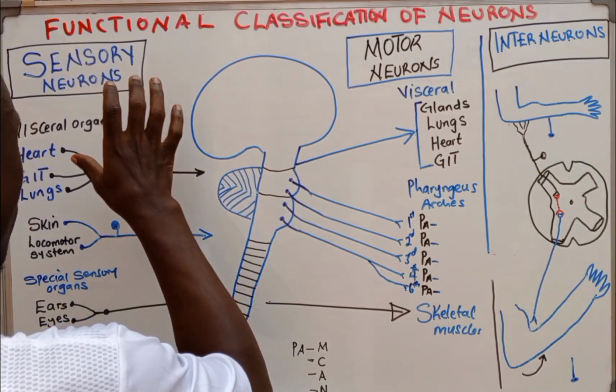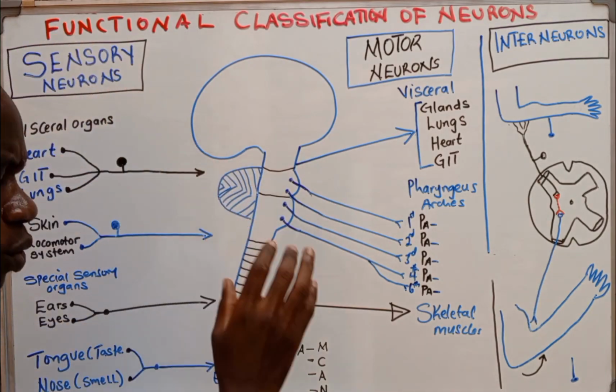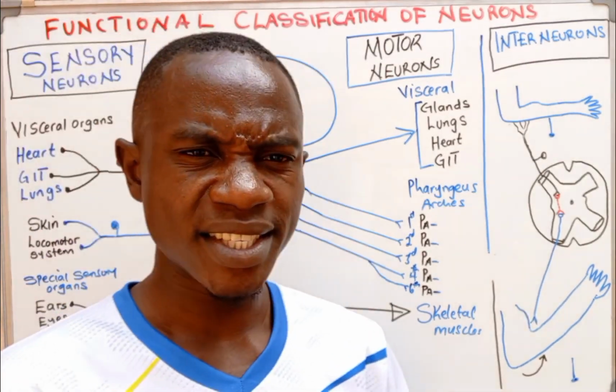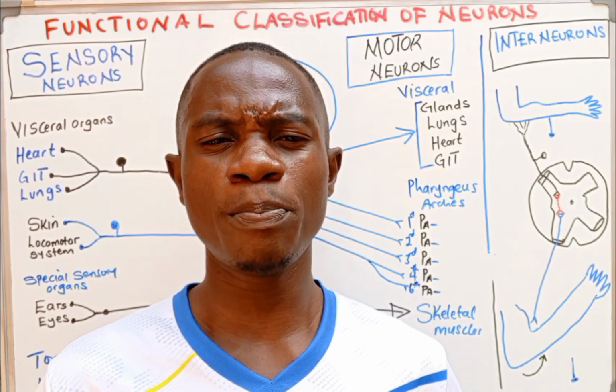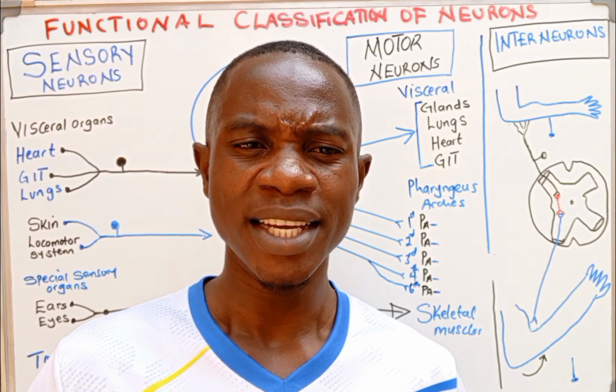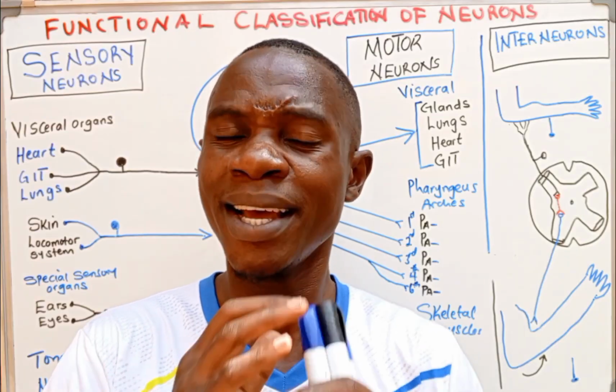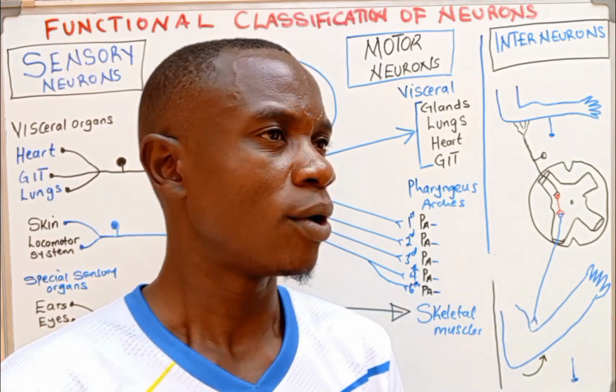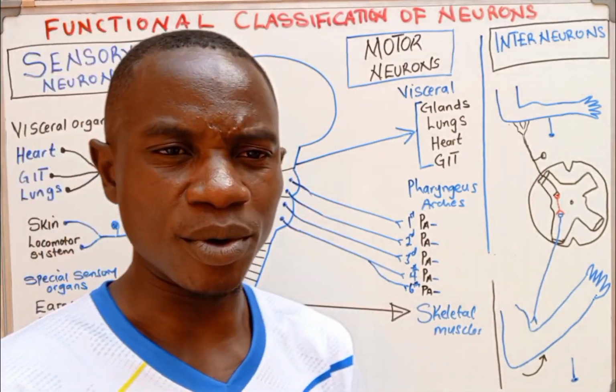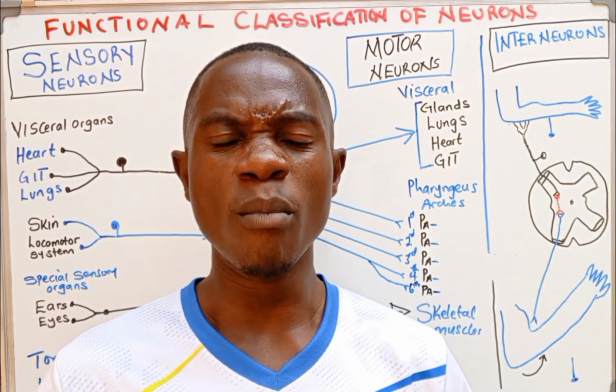Now, looking at the sensory neurons. What do sensory neurons do? They are responsible for picking sensations from the periphery and feeding them into the central nervous system. That is their role. When we talk about the motor neurons, motor means movement.